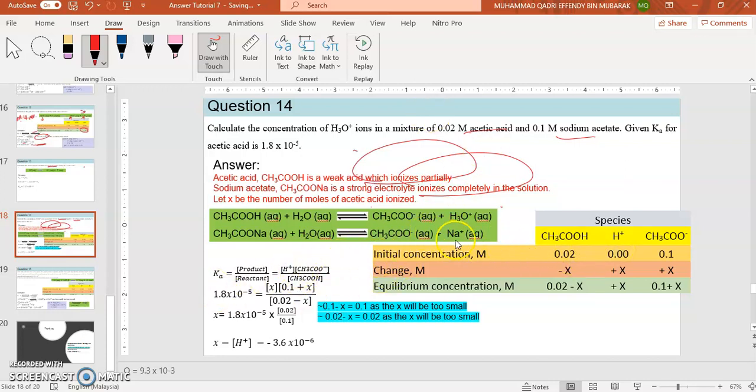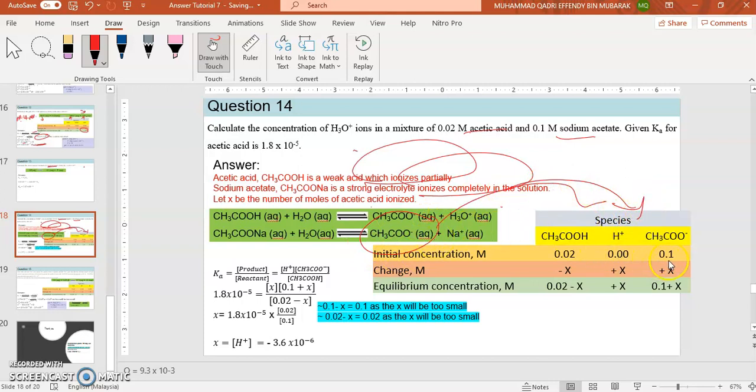First, what we need to do is write the initial concentrations. We take CH3COOH first, and it dissociates into H plus and CH3COO minus. For the initial concentration, you have 0.02 for the acid, 0 for H plus, while for acetate you have 0.1, because this one comes from sodium acetate, which is a strong base.